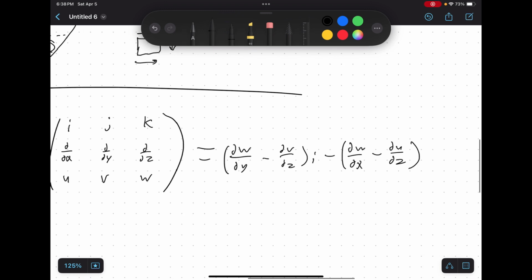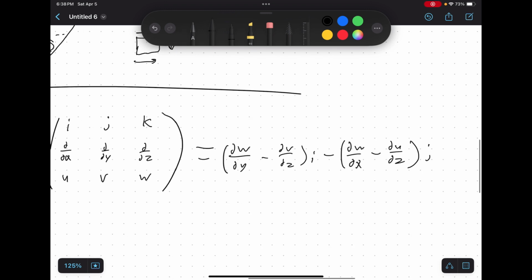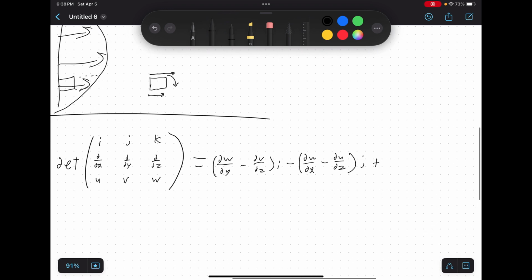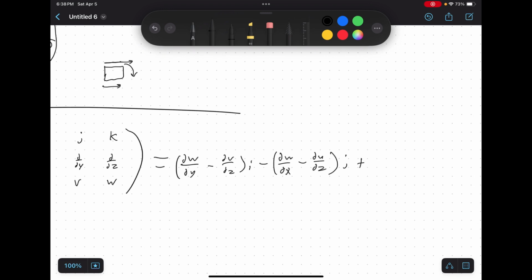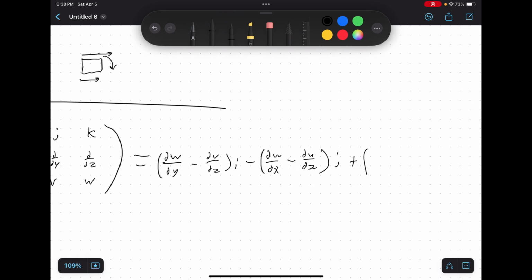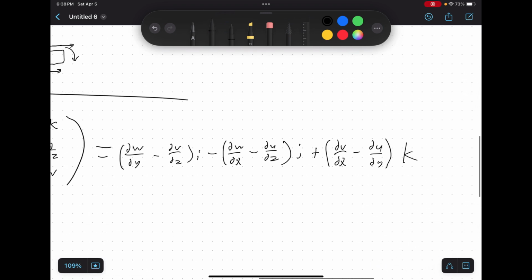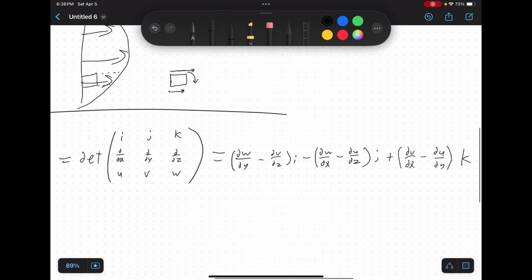I think that's right. And this will be j, plus dv/dx minus du/dy. Is that right? I think that's right.